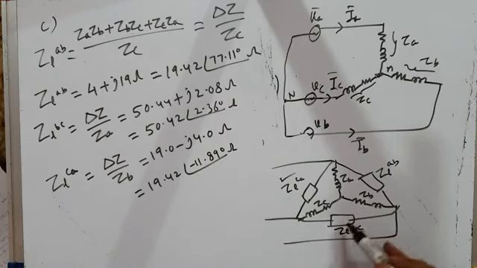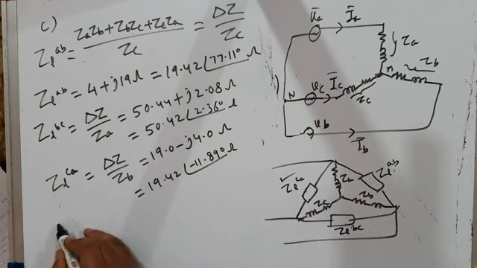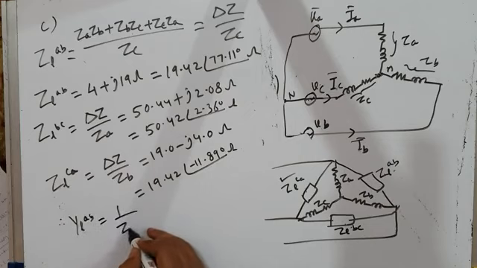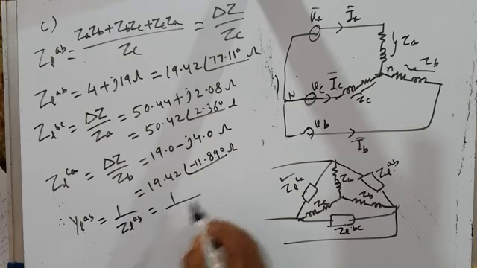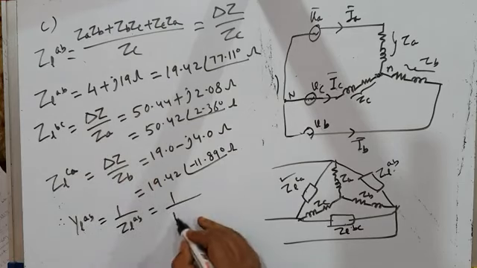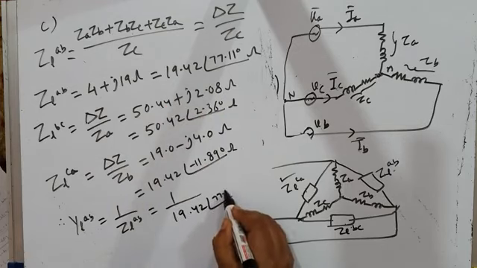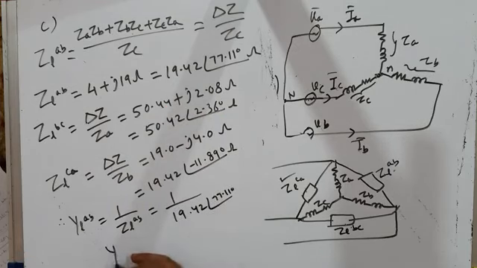Now this is my delta connected equivalent unbalanced load. I know impedances, so now I can find admittances. What is YLAB? YLAB is the reciprocal of ZLAB, that is 1 by 19.42 at an angle of 77.11 degrees. Calculate this.